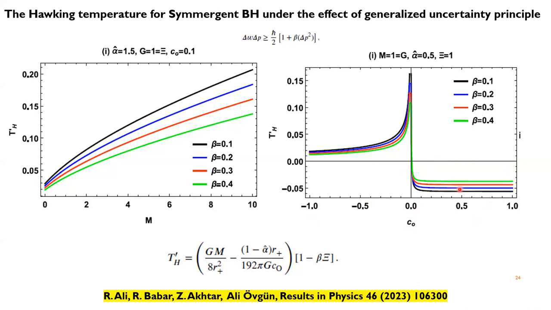Normally people neglect negative temperature, but here we say that okay, this is also another possibility, so let's also include this range. And here you can easily see that to find the positive Hawking temperature, you must choose C0 negative.